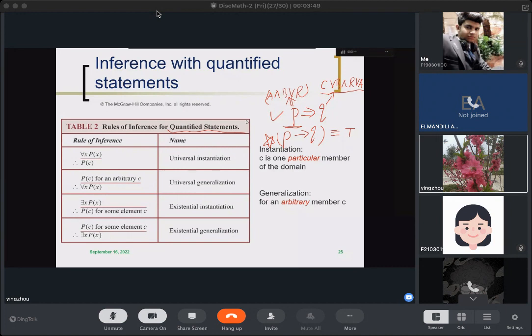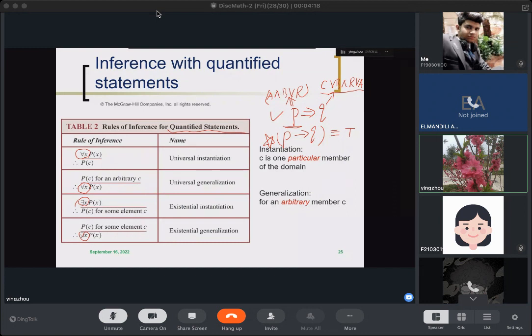That means we care about the quantifier symbols. We have two quantifier symbols. The first is for all, and then there is for some. And we also have four inference rules.